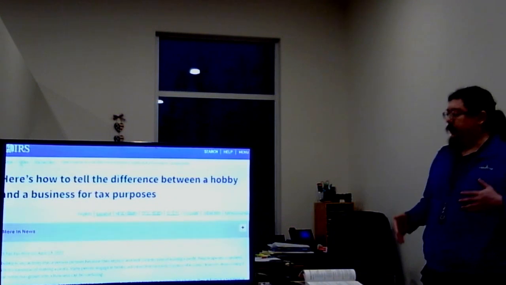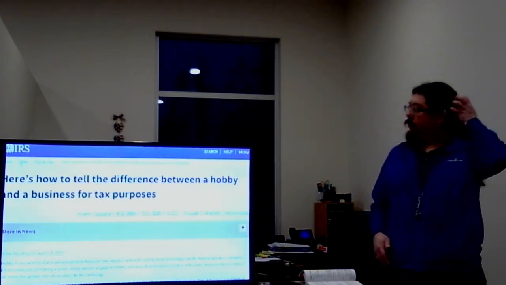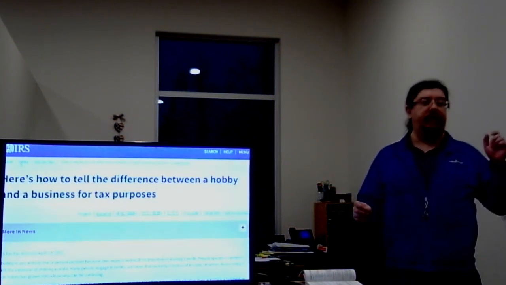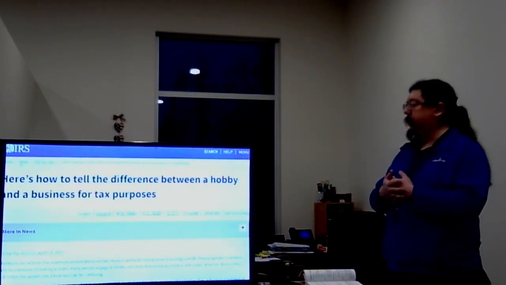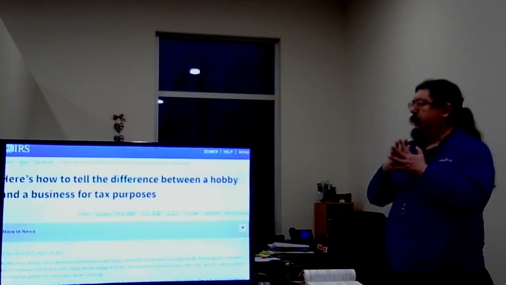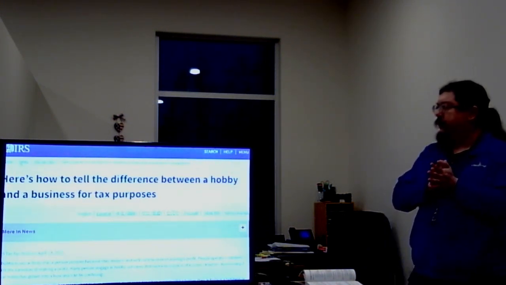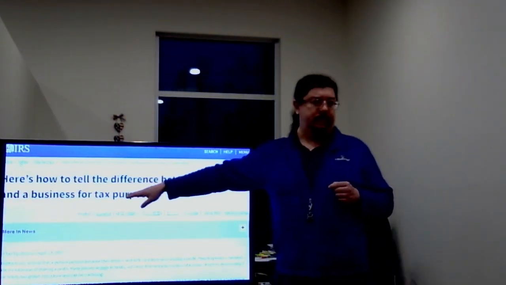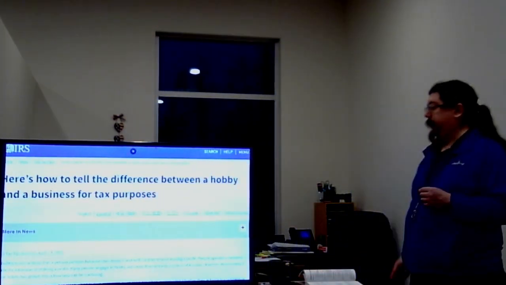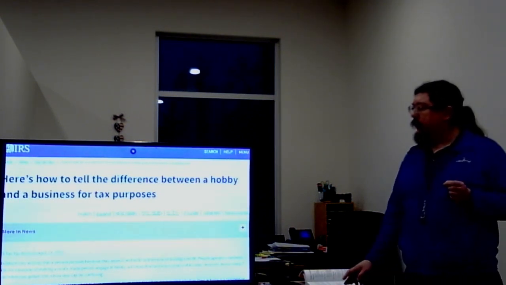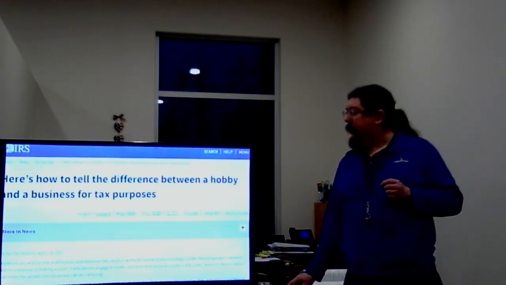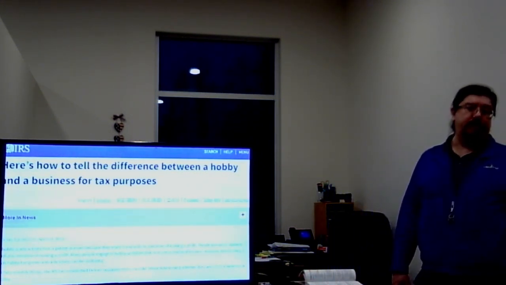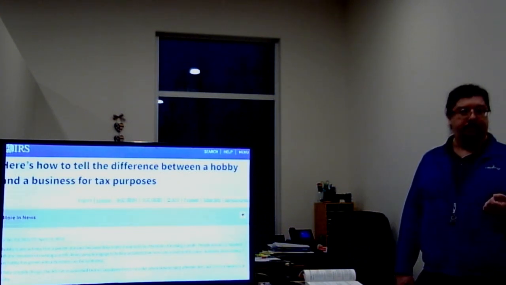Okay, so all of those previous 3 screens were all about how to tell the difference between an employee and an independent contractor. That's important. And then secondly, we also need to be able to distinguish the difference between a hobby or a business. And a hobby, even though you might make money at your hobby, you don't pay self-employment tax and you don't get to deduct any of your expenses.